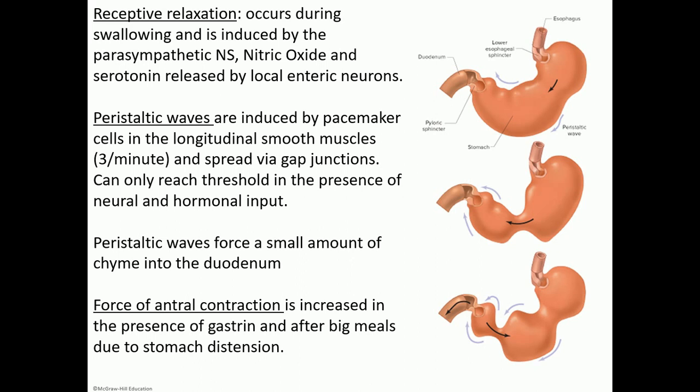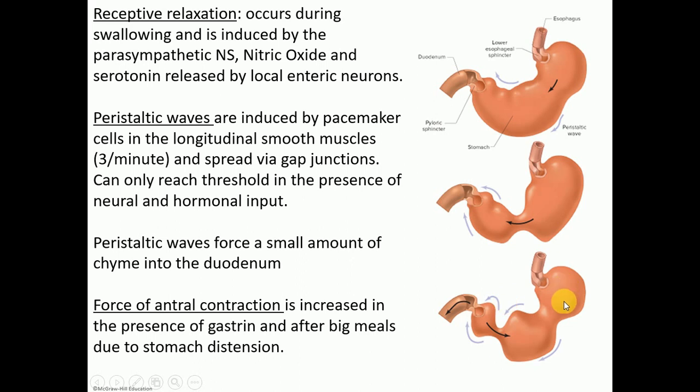Once we're done eating, the sphincters shut down, the esophageal and your pyloric sphincter, and then there's a little pacemaker in the stomach that is going to initiate these strong contractions so that we can mix all of the gastric contents together. And it doesn't fire too much, it's only 3 contractions per minute.